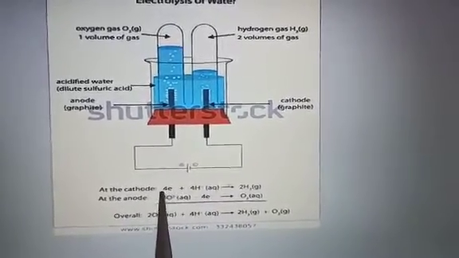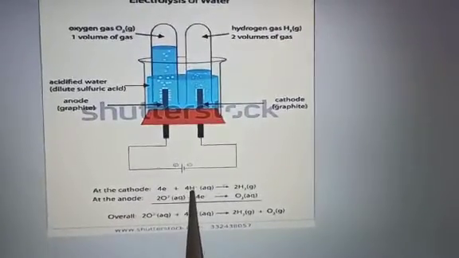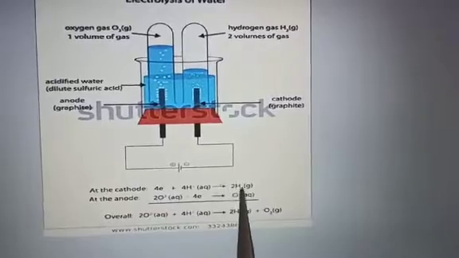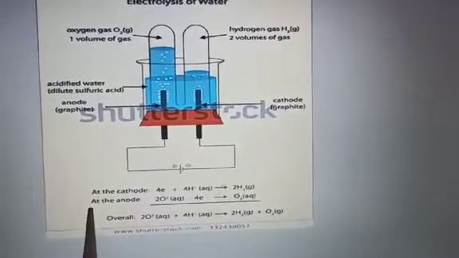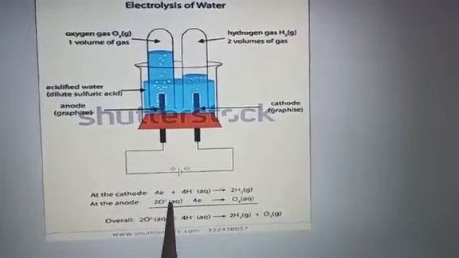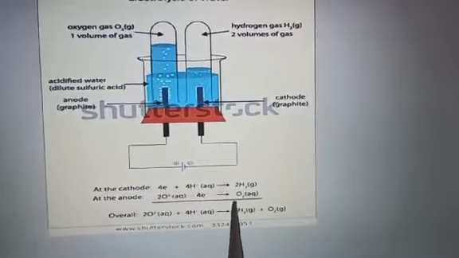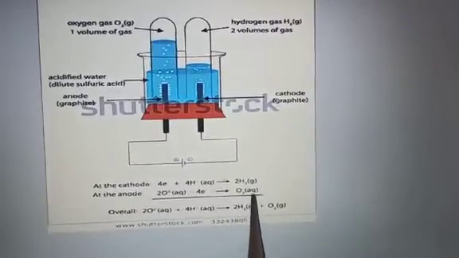What reaction takes place? 4e-, 4 electrons, will be added to 4 hydrogen ions to become 2 molecules of hydrogen gas. And at the anode, 2 oxygen ions (O2-) will lose 4 electrons to become oxygen gas.